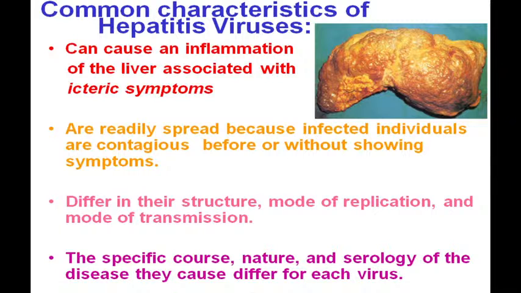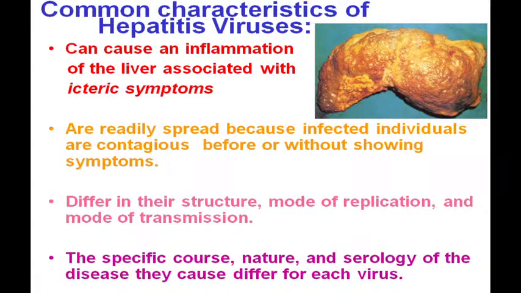Of course, they have very narrow tissue tropism. So they can cause infection of one single organ, that is the liver. And any of the hepatitis viruses that exist may cause acute liver infection.